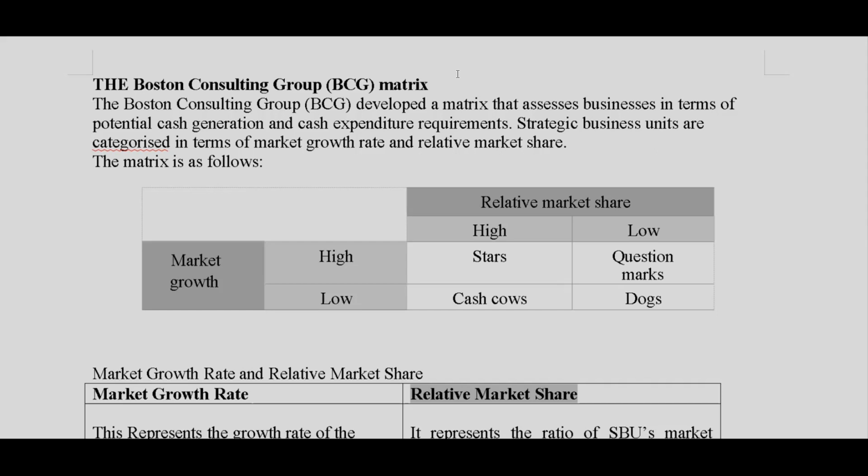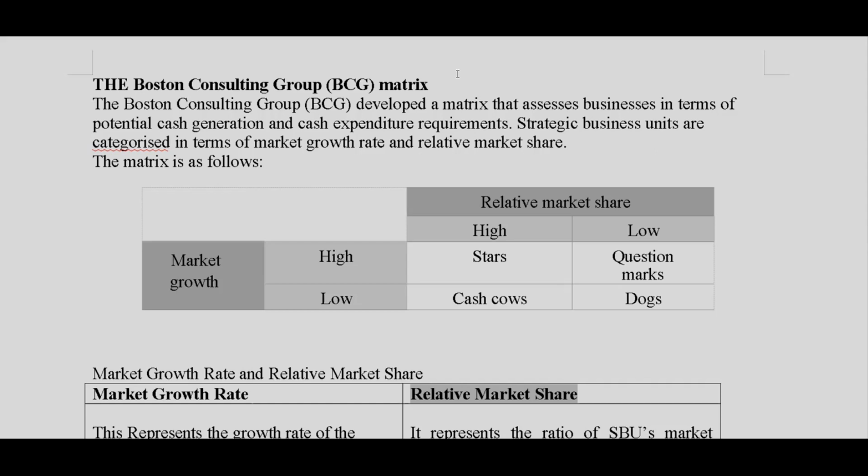So we have seen the Boston Consulting Group matrix as seen in the diagram here, and it breaks our product portfolios or businesses, divisions, strategic business units into a 2x2 matrix. So we have relative market share, high, low, and market growth, high, low.